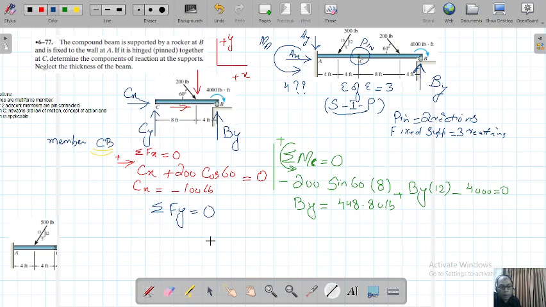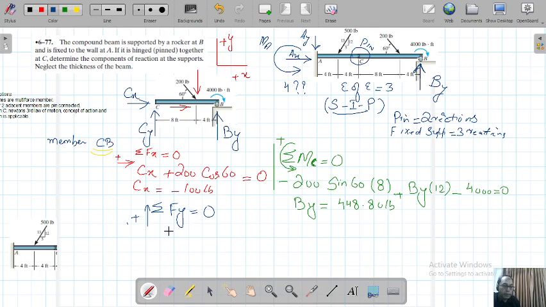So when we apply sigma Fy equal to 0, what are the forces that we take into account? Positive Cy plus By, and minus 200 sine 60, because there is no moment, only forces are here.